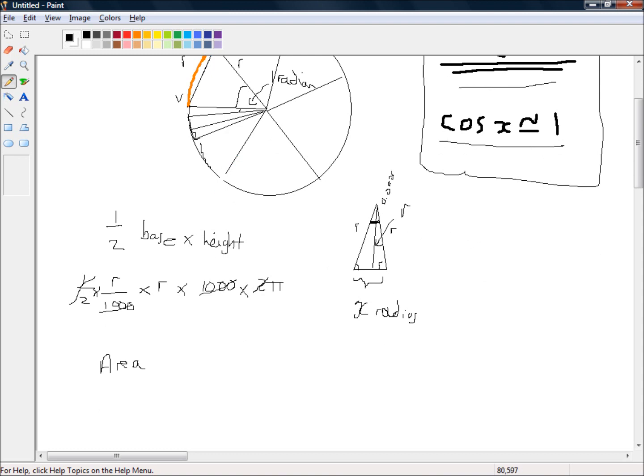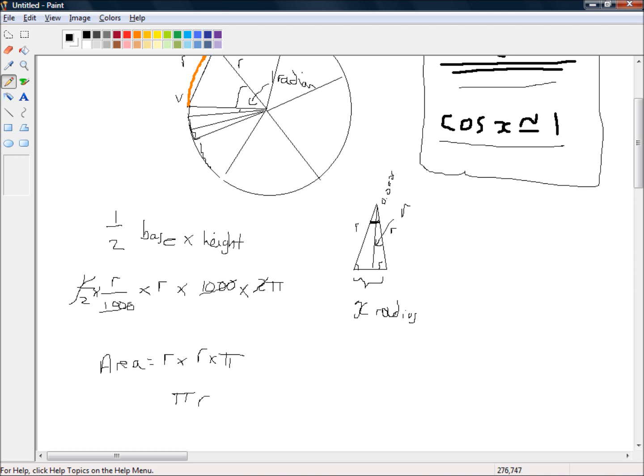So our area of a circle, what are we left with? We've got no half, we've got an r, we haven't got the divided by 1000, we've got another r, and the 1000 has gone and the 2's gone, and all we're left with here is the pi. So our area is r times pi times r, and anything multiplied by itself is squared.